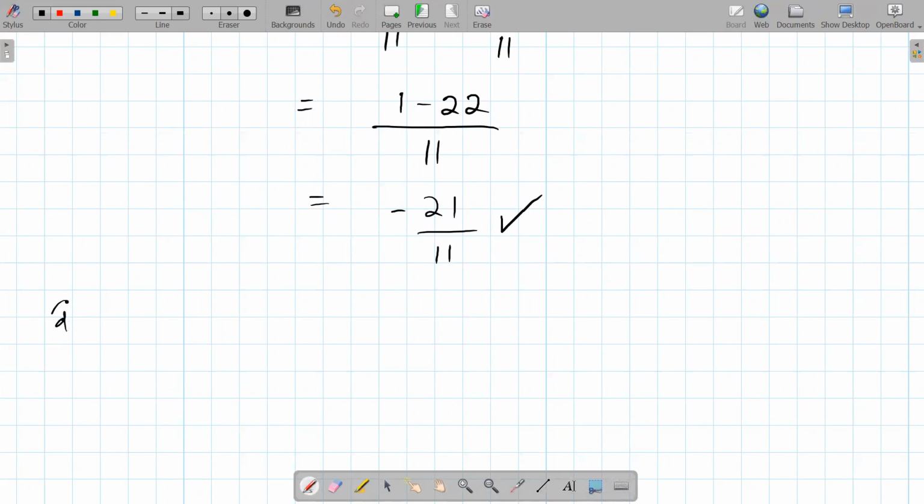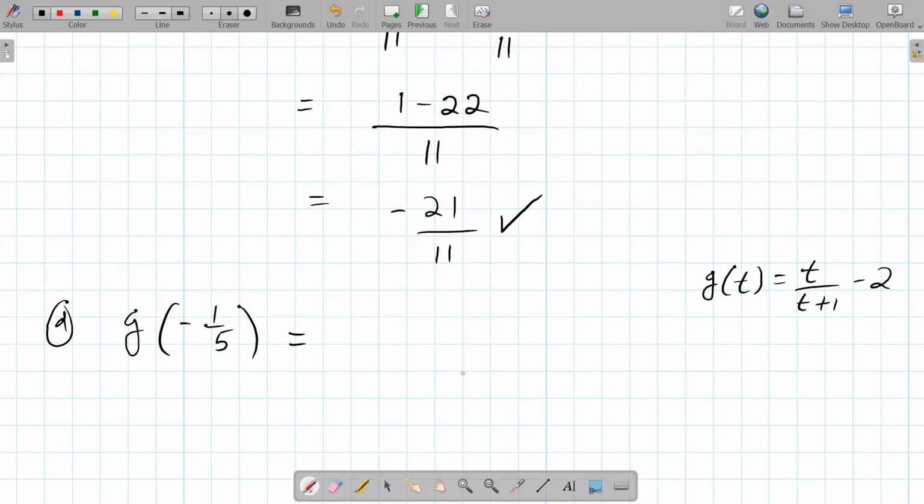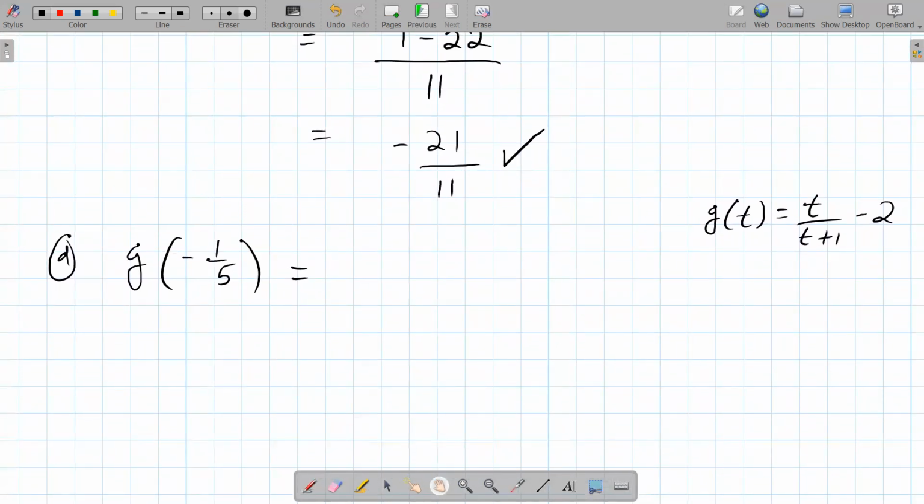Let's look at the last one, which is the D part. It says find G of -1/5. And again, this is a fraction. Remember that we're still using this G of T equal T over T plus 1 minus 2. Okay, so that's same thing that I'm doing with the last one.